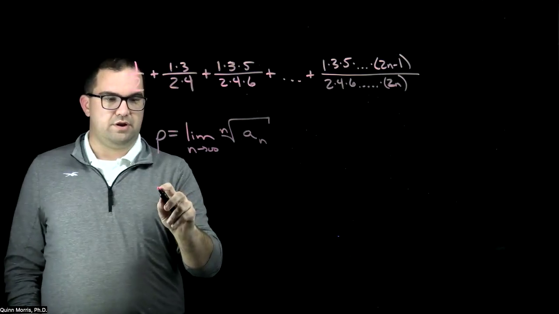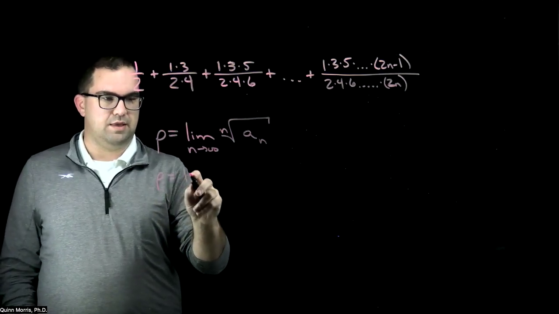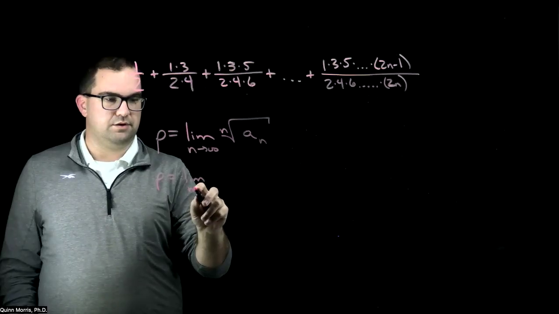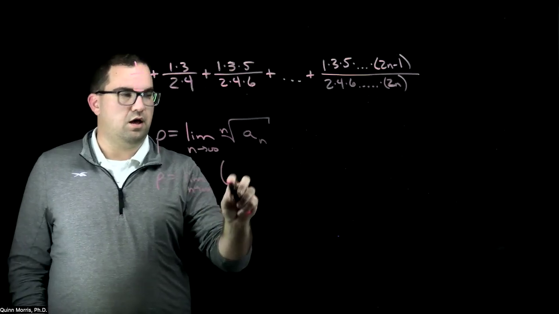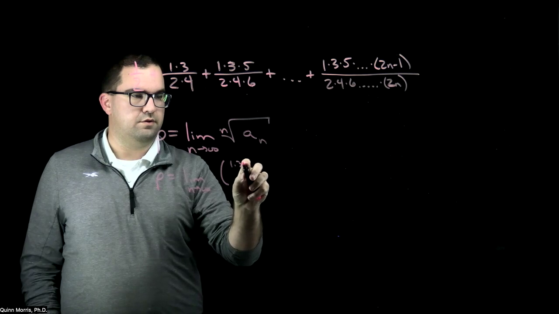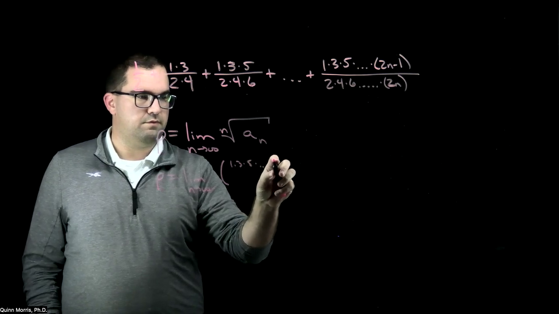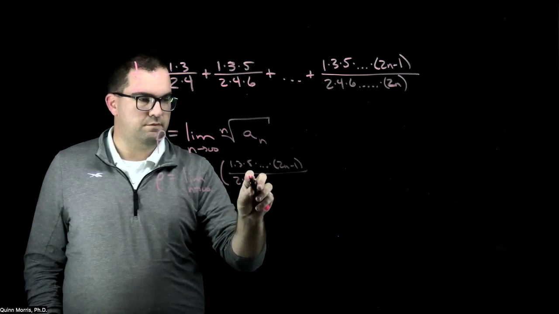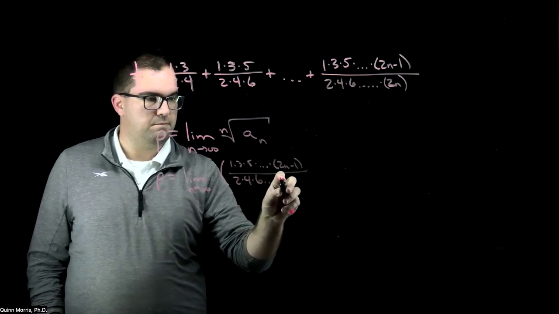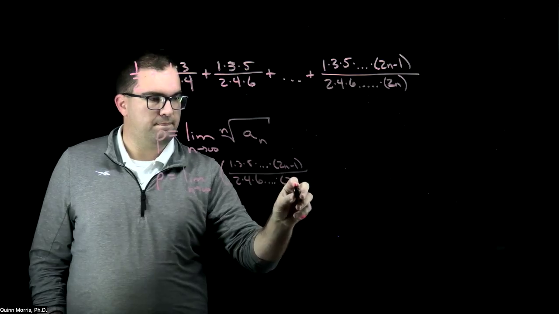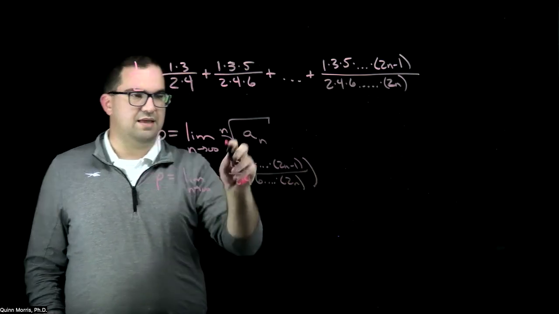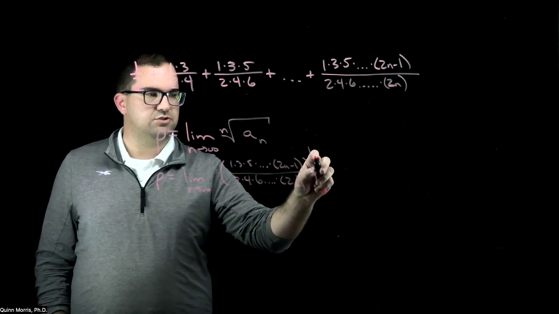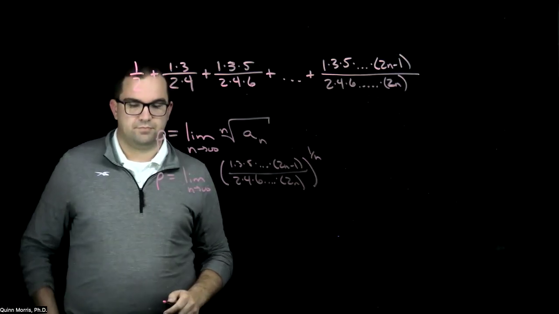So here we are really trying to calculate rho is equal to the limit as n goes to infinity of this product, and we're taking the nth root of this. I'm going to rewrite that as to the 1 over n.